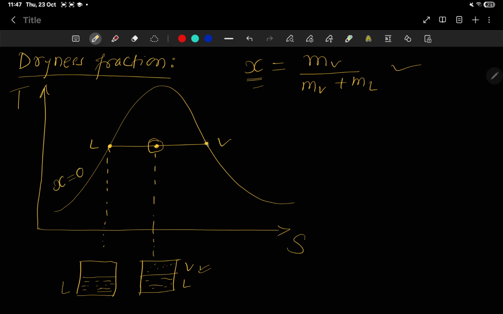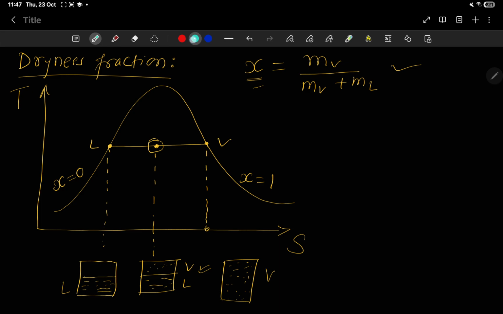Now at this point we get complete vapor, the mass of liquid will be 0, so here x value will be 1.